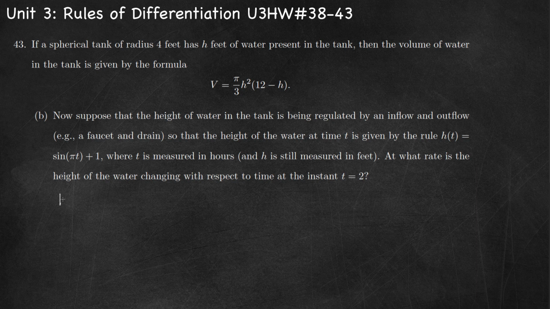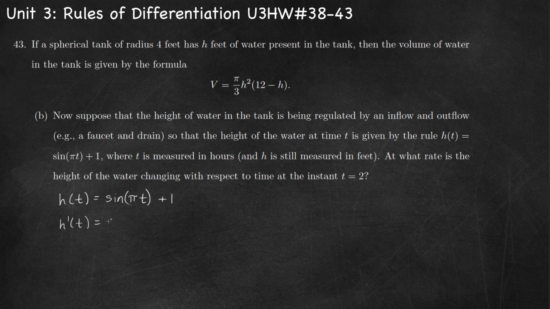So now we have our equation that relates h and t. h of t equals sine of pi t plus 1. We want to find the rate of change of height with respect to time, so we're looking for h prime of t. The derivative of sine pi t, to be clear, is the sine of pi times t. So this is the sine of stuff.